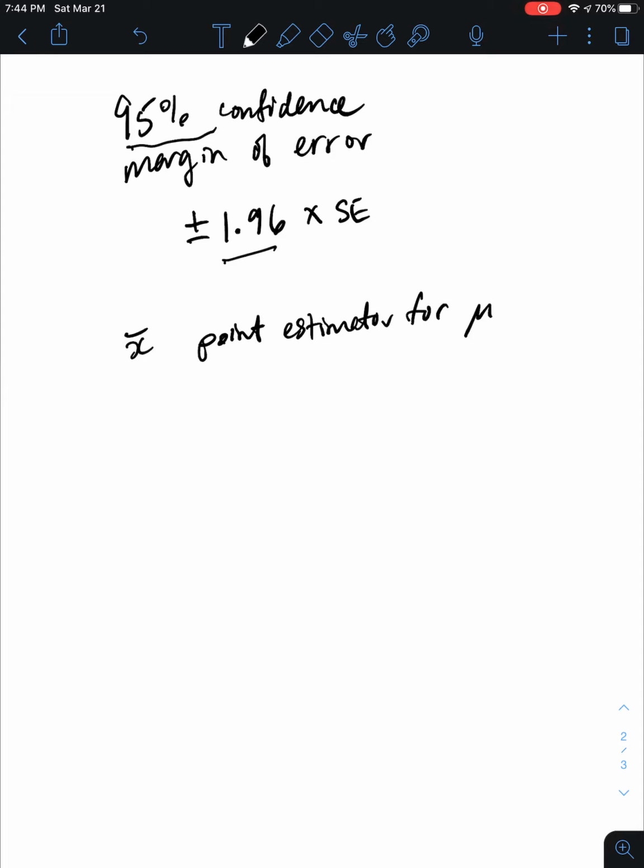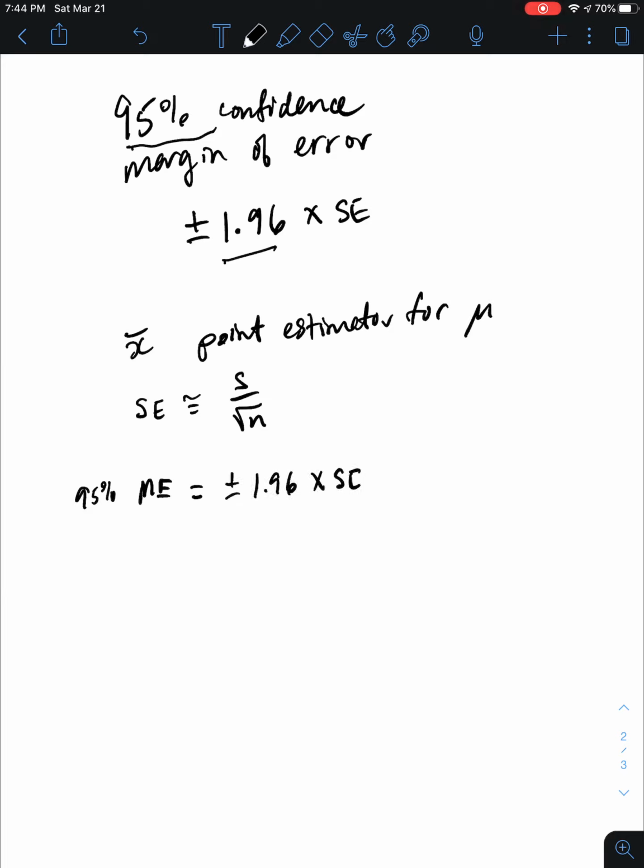The standard deviation of the sampling distribution, or in other words, the standard error, is approximately S over the square root of n. And finally, the 95% margin of error is equal to plus or minus 1.96 times SE.